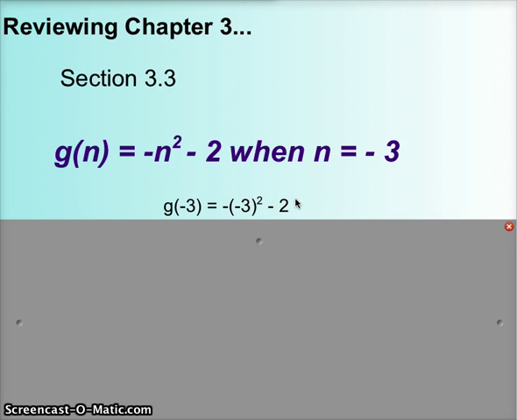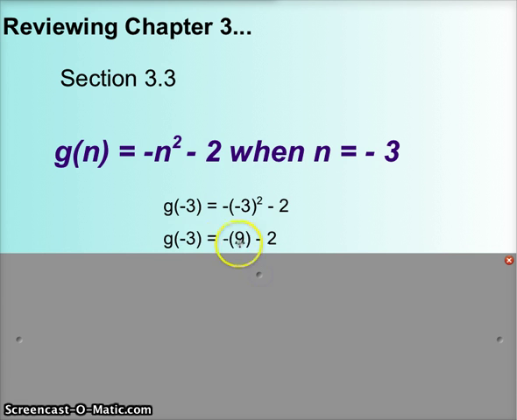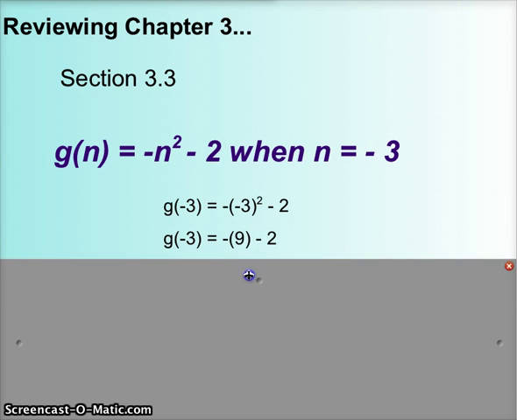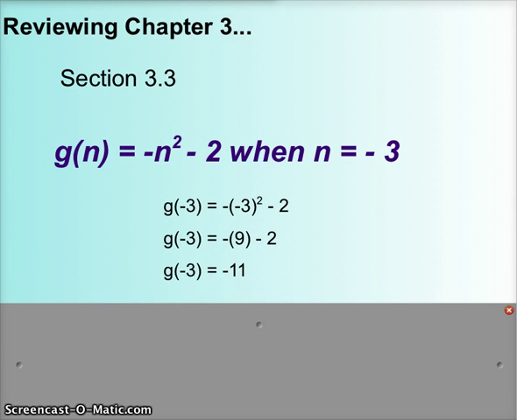Now it's very important to use order of operations, so -3 squared, because we have to use exponents before any multiplication, is +9. You still have the -1 on the outside, and then you still have to subtract 2. So you end up with -9 minus 2, which is -11. g of -3, when you substitute -3, you get -11 as your final answer.